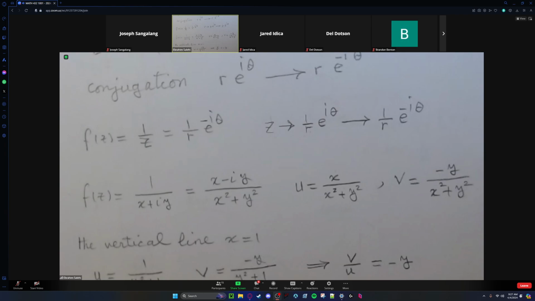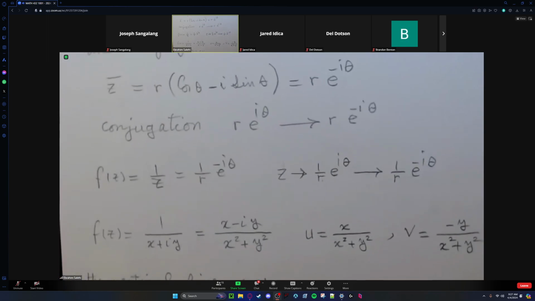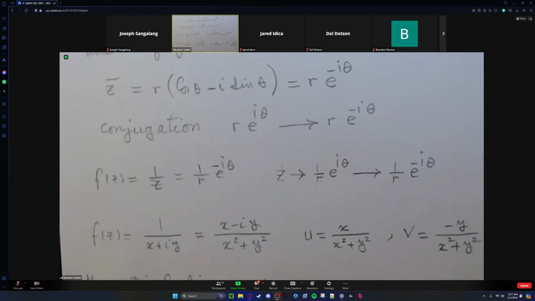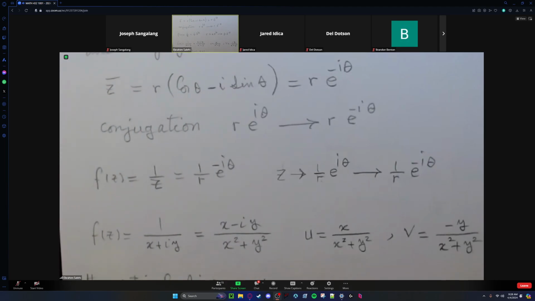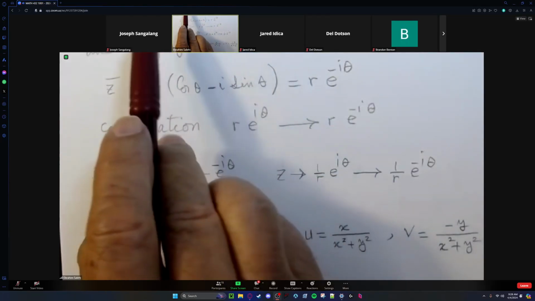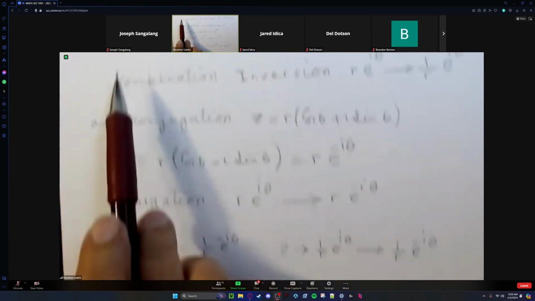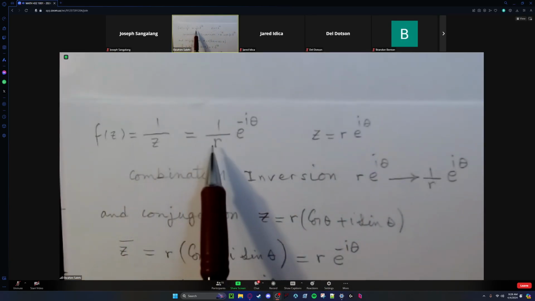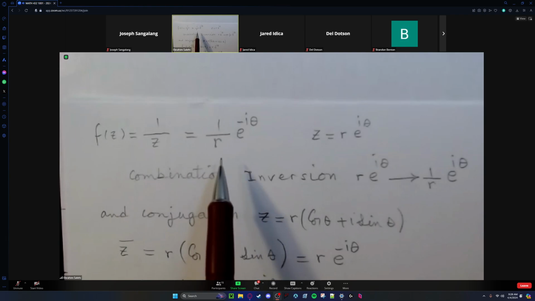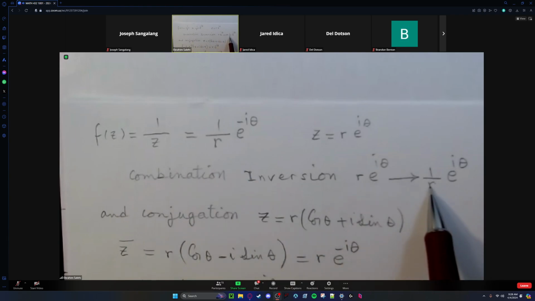And finally, I covered 1 over z. 1 over z is, of course, getting more complicated, and as I said, we usually consider the polar format. If you use the polar format, this is what you get, which is a combination of inversion and then conjugation.